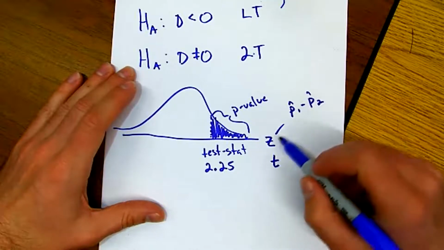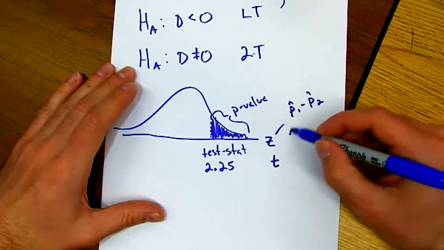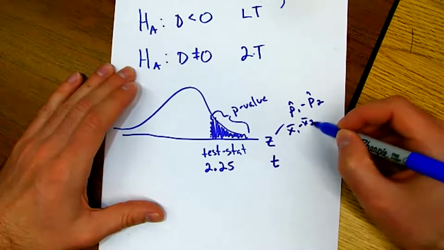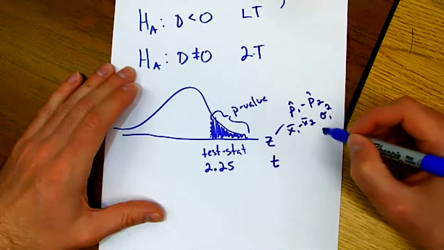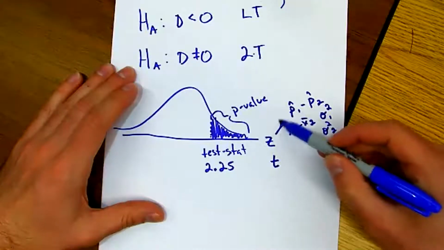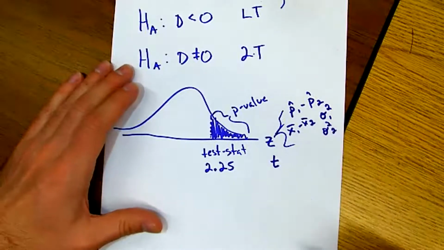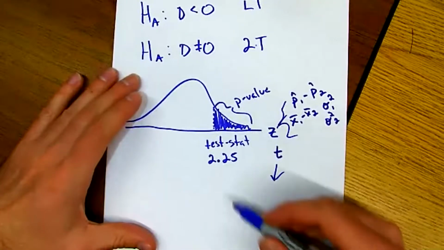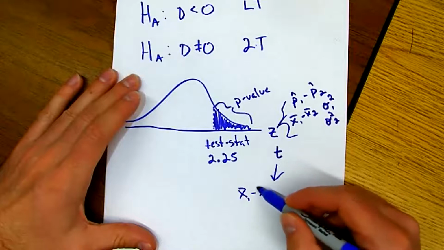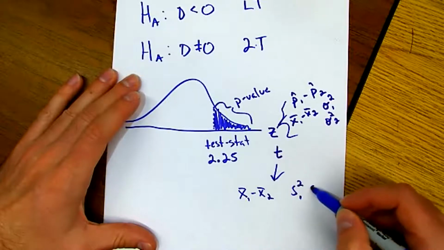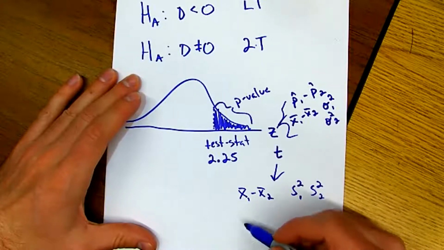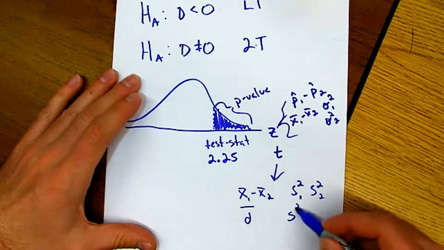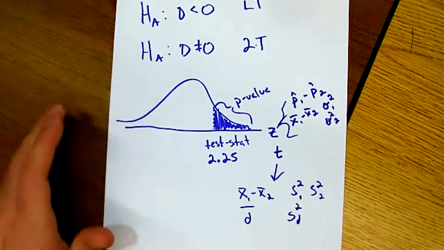So anytime I see proportions, think standard normal. Or I've got the difference in means, but I know the population variances, okay? So these are the 2 scenarios I can use the standard normal. The student T, I use that if I've only got sample variances and I want the difference in sample means, or I'm looking at these matched pairs examples, okay?